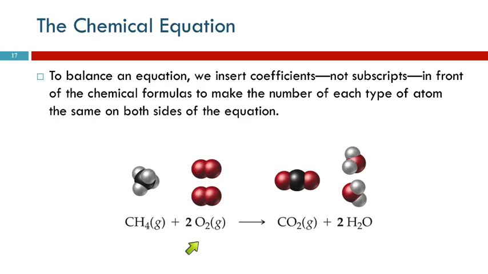We can't say it must be O3. That would balance it, but O3 is ozone, and it's not ozone, it's oxygen here. So you can't touch those subscripts. It's a tempting thing. It seems easier, but you can't do it. You just put a coefficient. So this means 2 oxygen molecules, 1, 2. And the 2 over here means 2 water molecules. Okay?